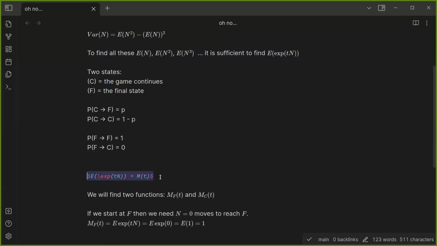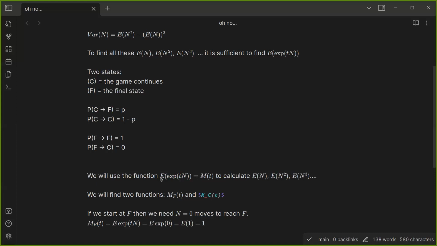We will use the function m of t to calculate the expected value of n, the expected value of n squared, the expected value of n cube, and so on.